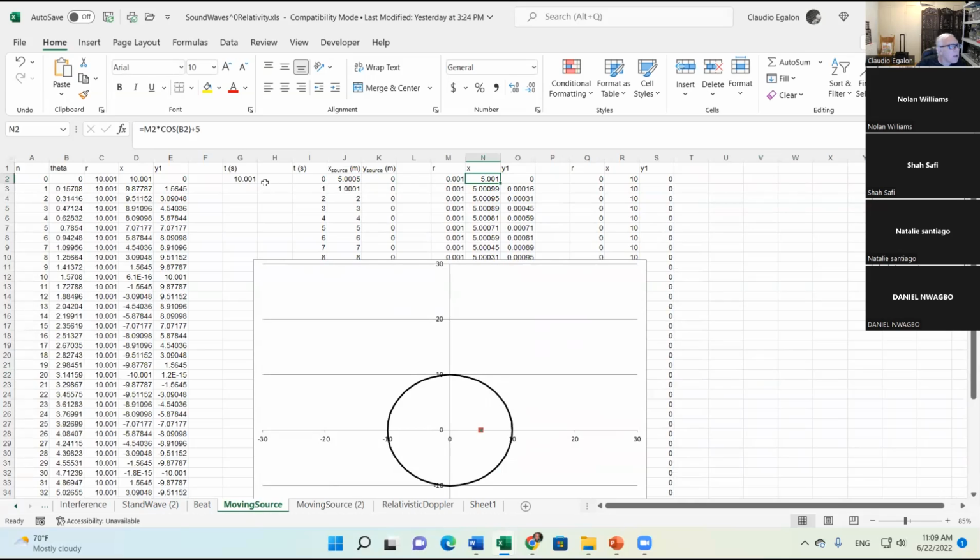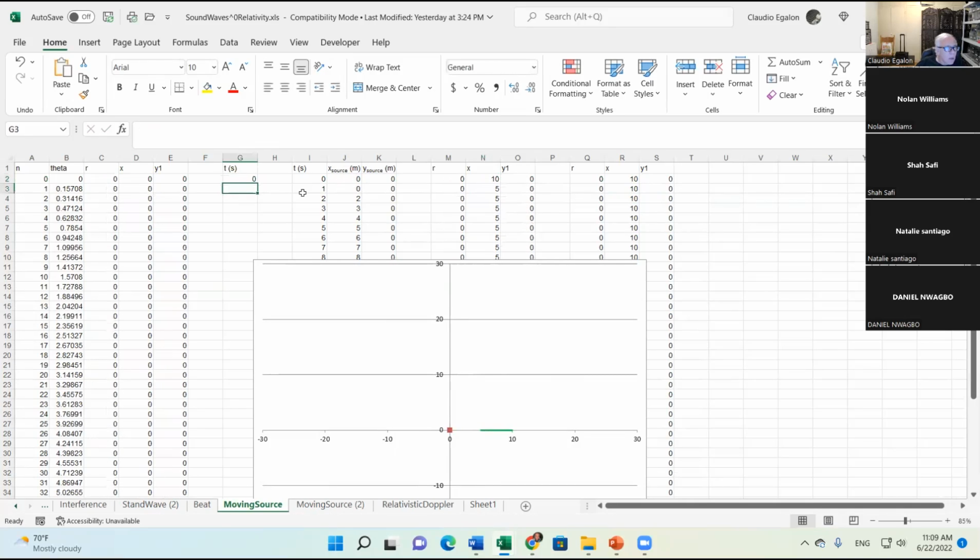Must be this. Let me change a little bit here. I'm going to put 1 here, and instead of 1 here, I'm going to put 10. Let's see if it works. Doesn't work. I go back. Yeah, and if I put 10 here, I must put 10 on the others as well, right?